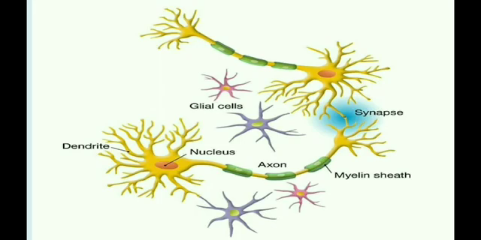It consists of a bundle of neurofibrils. Nissl's granules are absent in the axon. Terminally, that is at the end, the axon gives out branches. These branches are called telodendrons.